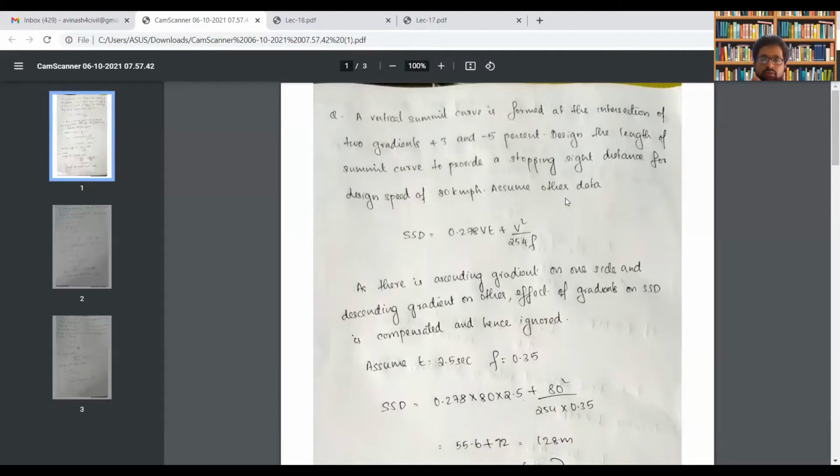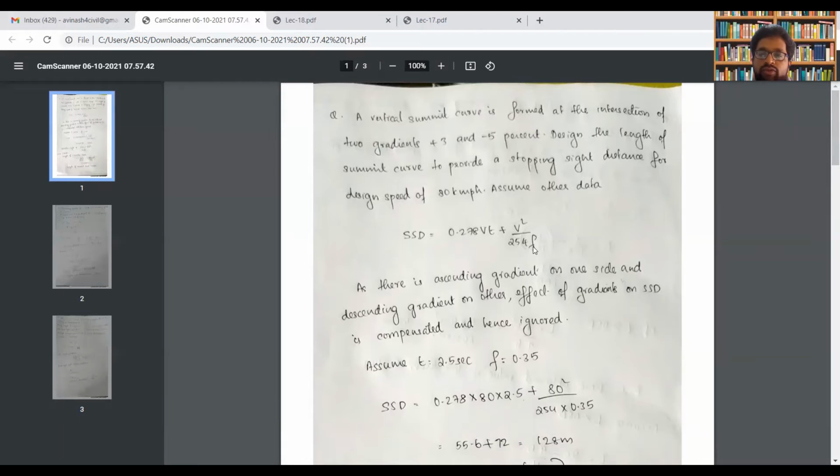You have to provide an SSD, then find out the length of summit curve. Design speed is given as 80 km/h. Assume other data. So the stopping sight distance is given as 0.278 Vt plus V square by 254 F.